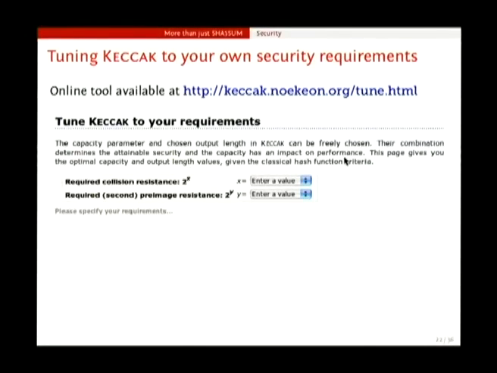First we have the required collision resistance. The problem of generating 2 inputs that give the same output is expressed as 2 to the power x, where this stands for 2 to the power x calls to Keccak. If you want a security level of 2 to the power x, then you fill in this value x in the top case.